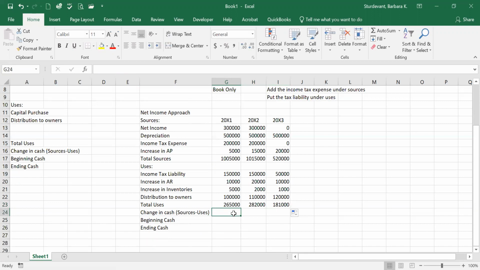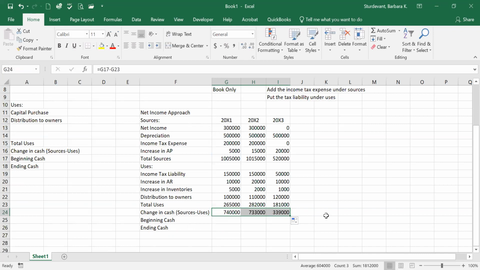And this one right here is why I'm not so sure that this is really used that much. Because to find our change in cash, we're going to go here, and we're going to subtract here, and carry that across.